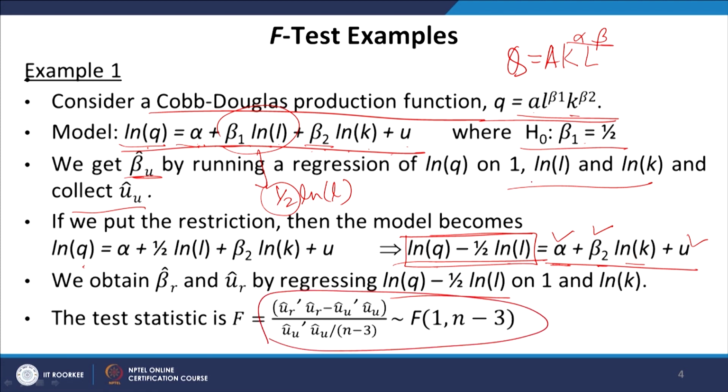Note that there is only one restriction. So, we have the numerator degrees of freedom equal to 1 and the denominator degrees of freedom is n minus 1, 2, 3, so n minus 3. This follows an F distribution with 1 and n minus 3 degrees of freedom.